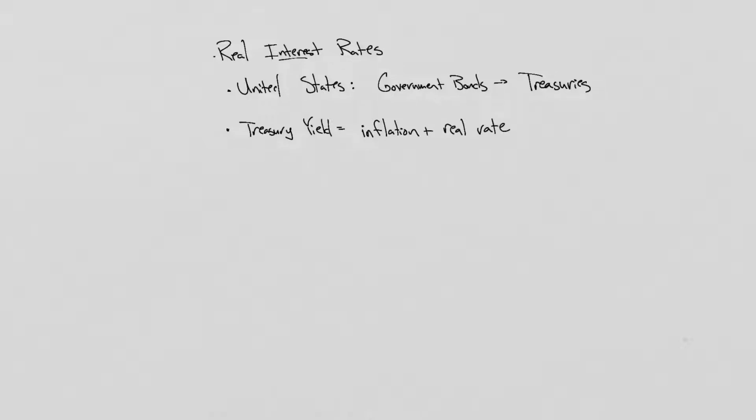Because when an investor thinks about buying a treasury bond or any government bond, they're less worried about risk. If it's a country like the United States, in other countries there may be an element of risk involved, but they're generally less worried about that component.